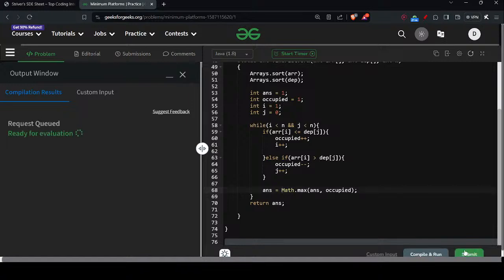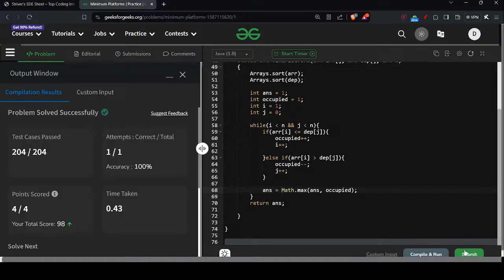Let's submit it. And for time complexity, it is O of n log n and space complexity of 1. Why O of n log n?